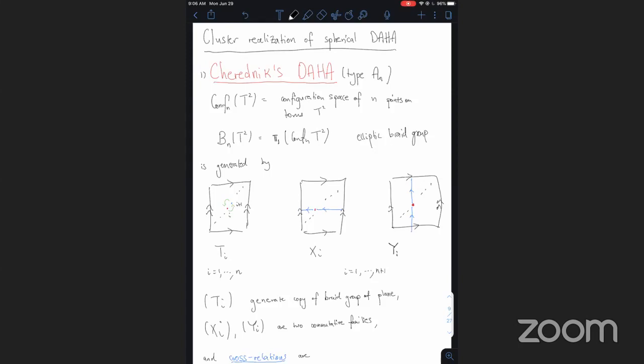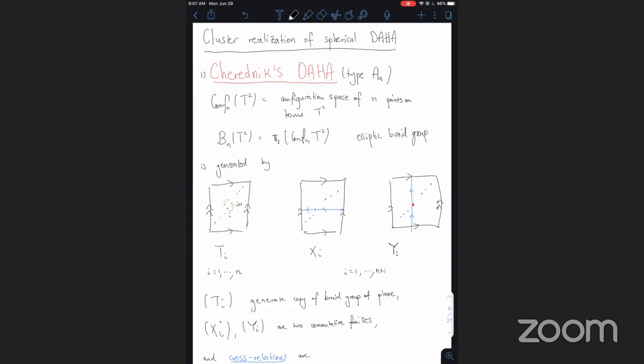The first kind, which we'll call T_1 up to T_n, n being the number of points, just generate a copy of the usual braid group of the plane.